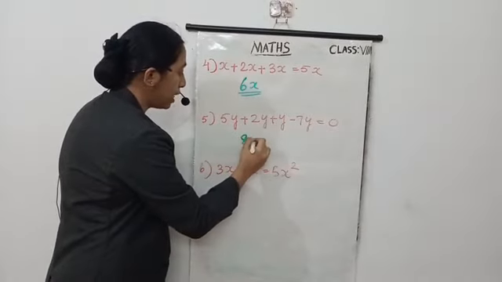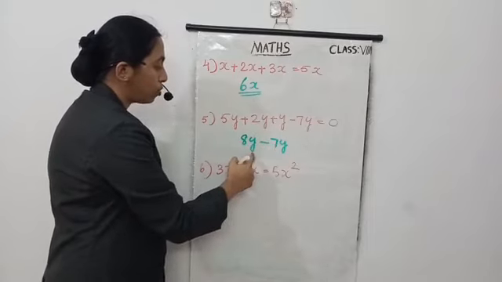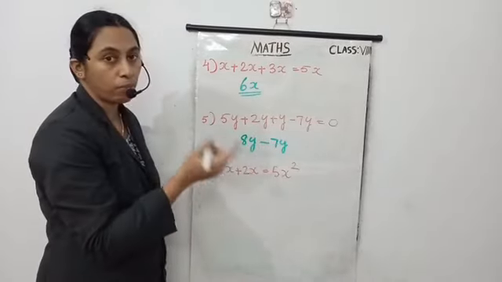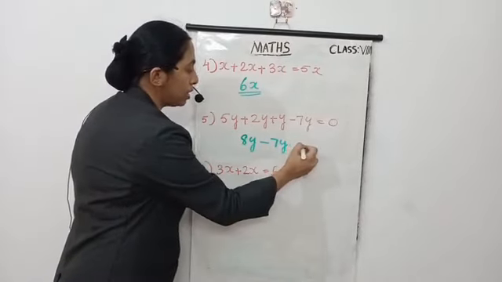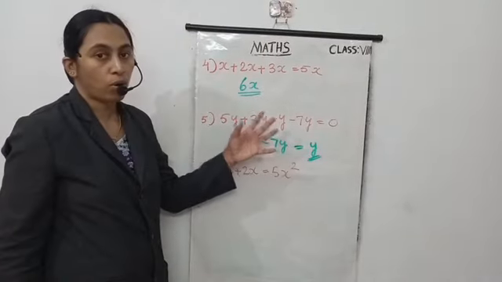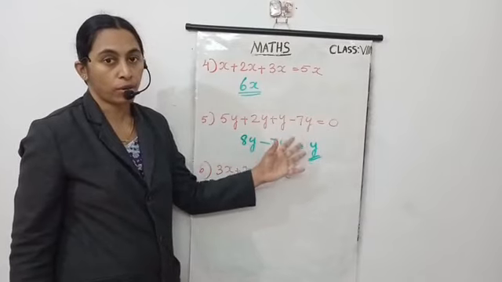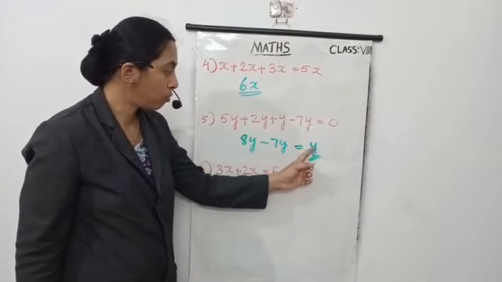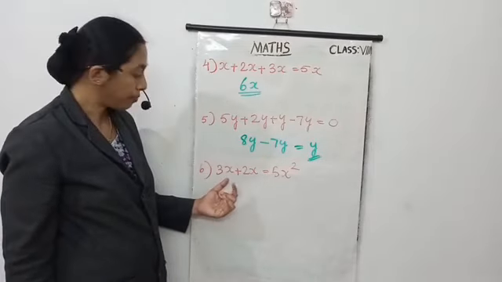So this is 8y minus 7y. Now both have the same variable with the same power, so we can subtract. 8 minus 7 is 1. So this is 1y. We write only the variable when the coefficient is 1, so just write y. The answer is y.